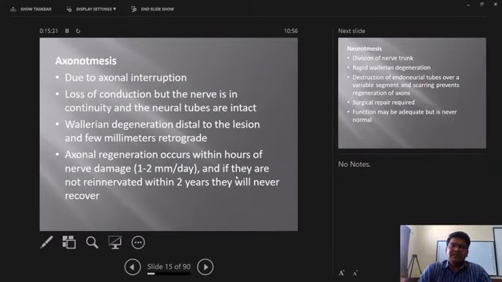So in axonotmesis there is motor march and Tinel's sign. In neuropraxia, because all the muscles regenerate simultaneously, all the muscles are innervated simultaneously, there is no motor march or Tinel's sign.